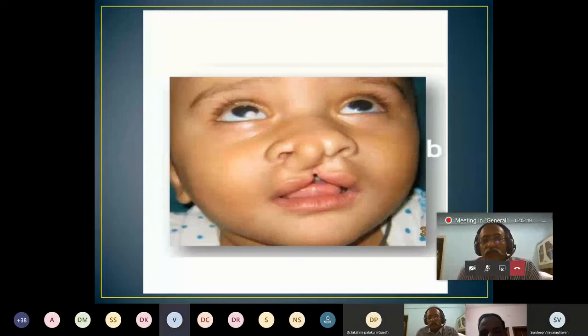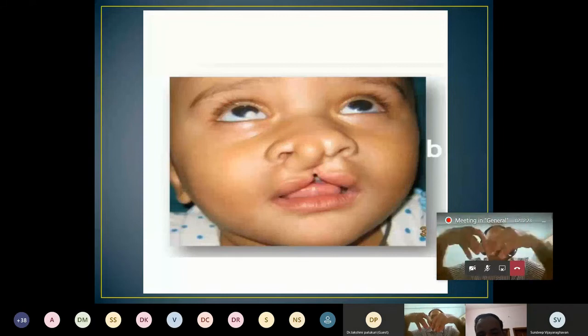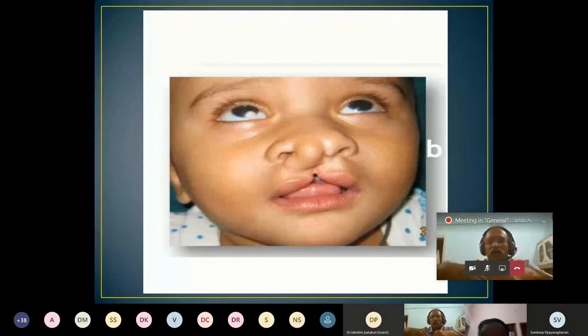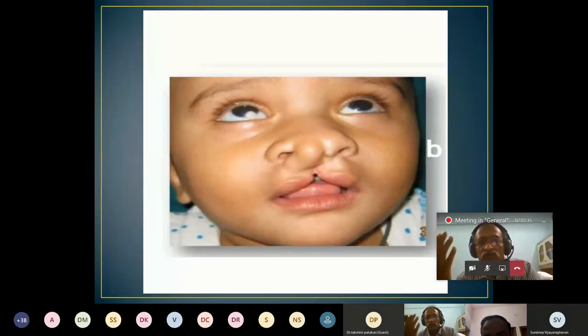The pituitary. Pituitary, optic chiasma, everything comes down along with the brain. So all the symptoms related to the pituitary, the release of ADH, antidiuretic hormone. So these patients will have electrolyte imbalance that you have to look for in a basal encephalocele.